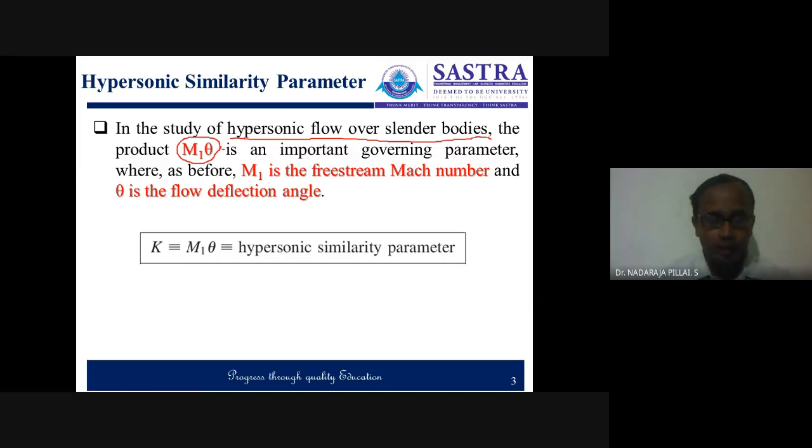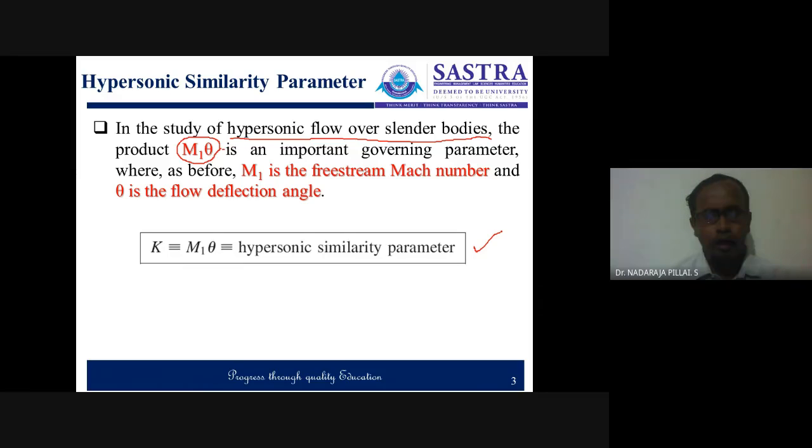That M1 and theta is called the hypersonic similarity parameter, where M1 is the free stream Mach number and theta is the flow deflection angle.